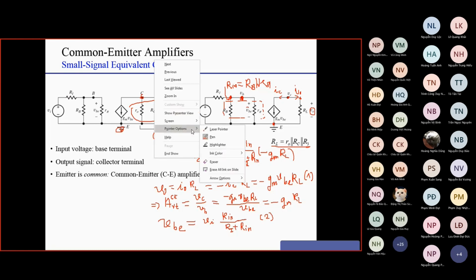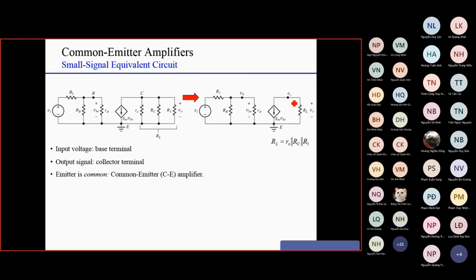Similarly, by applying Kirchhoff's current law and Kirchhoff's voltage law, you can calculate the current I out here, which is simply equal to V out over RL. You can calculate the current I in here, which is simply equal to VI divided by RI plus R in. Then you take I out over I in to get the current gain, AI.